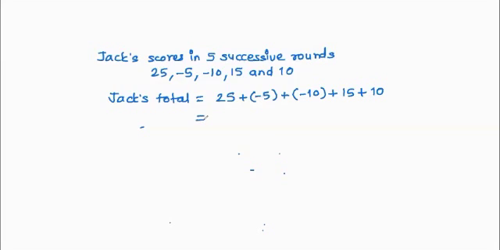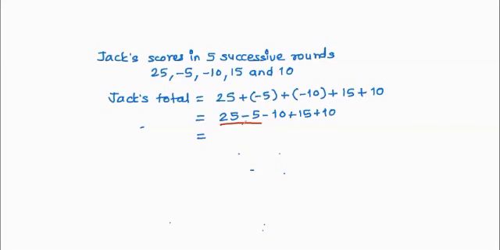First is to rationalize the signs. So 25 as it is, plus minus, 2 successive signs, different signs means minus 5. Again plus minus, different signs means minus 10, plus 15 and plus 10. Now we'll start solving from the left hand side.